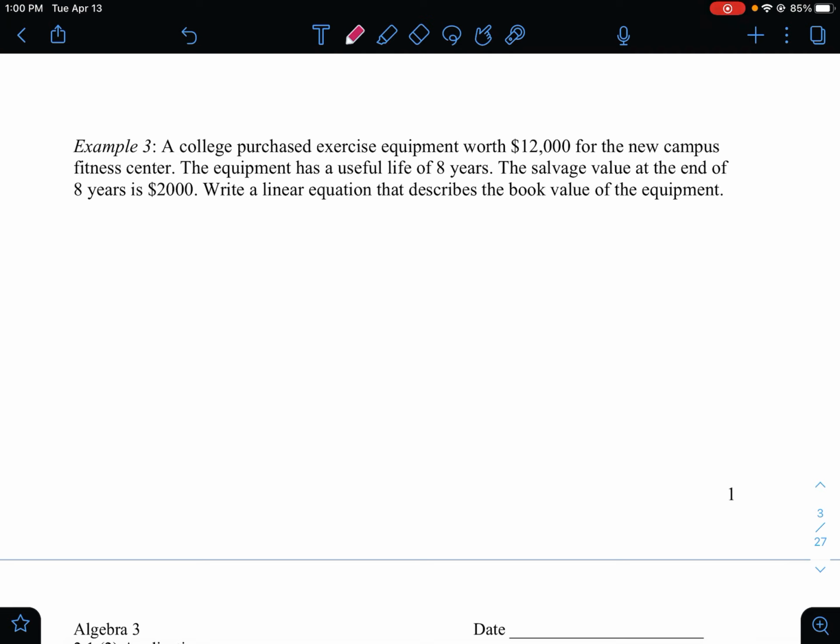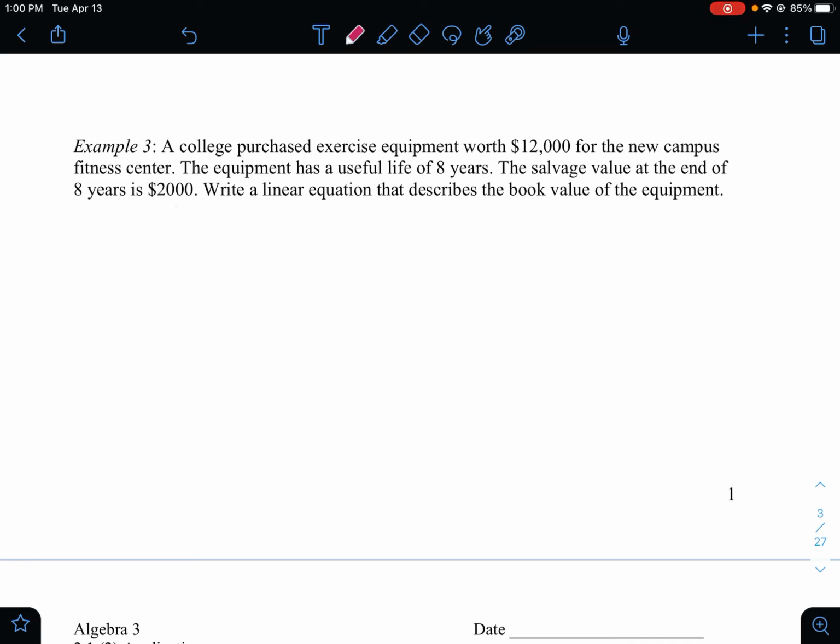It says a college purchased exercise equipment worth $12,000 for the new campus fitness center. The equipment has a useful life of 8 years. The salvage value at the end of the 8 years is $2,000. Write a linear equation that describes the book value of the equipment. Okay, so when we first purchased the equipment, no years have gone by.